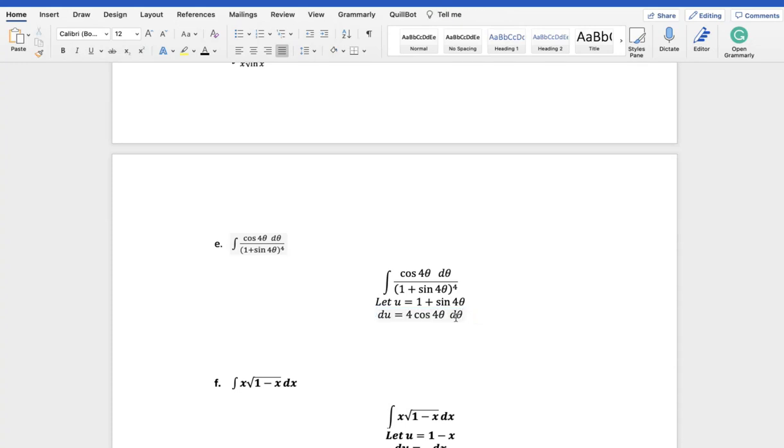Right? So then you can express d theta as the function, and you have du divided by 4 cos 4 theta.